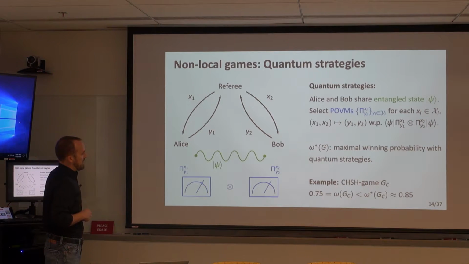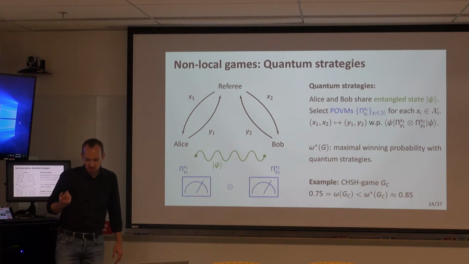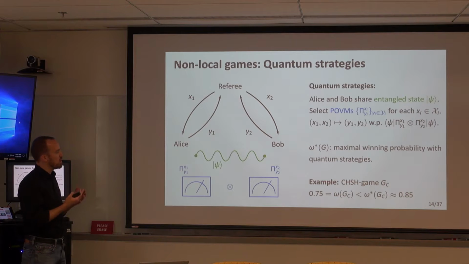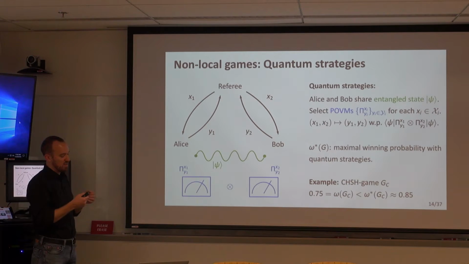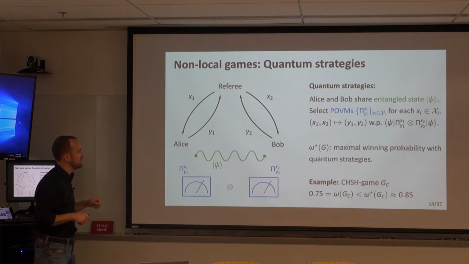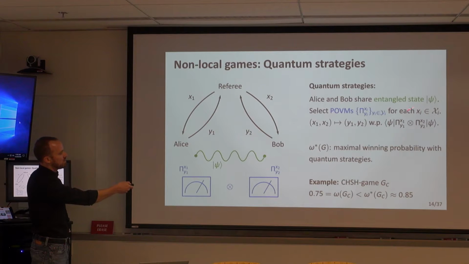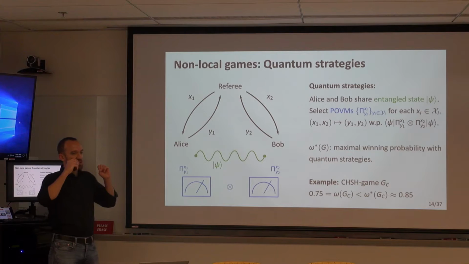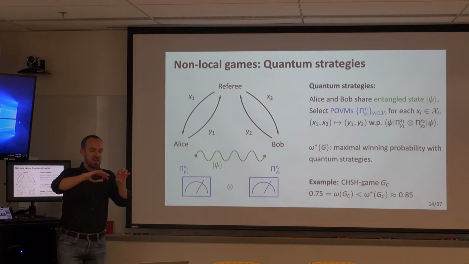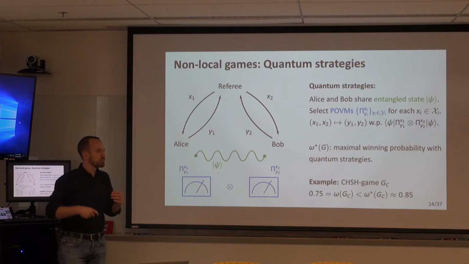Now we want to consider quantum strategies. Very similar to before, a quantum strategy for us is a shared entangled state and POVMs on Alice's and Bob's side that they can use to measure the entangled state. So we again work in the tensor product model. The idea is that for each question, x1 and x2, Alice and Bob choose certain POVMs.